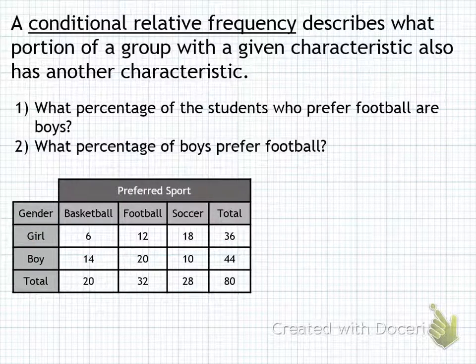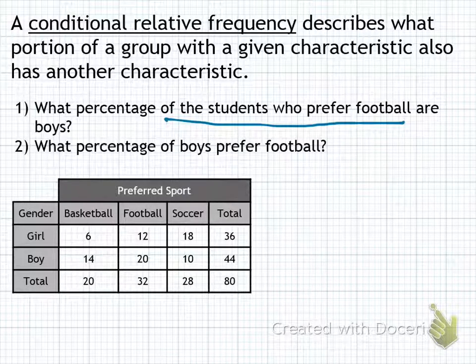Here's a couple more examples, again with the same data. But let's look at these questions. So what percentage of the students who prefer football, so that's the number that's going on the bottom. So of the students who prefer football, that's going to be this total, right? The students that prefer football is 32. The question asks what percentage of those are boys, so that would be this number, 20.